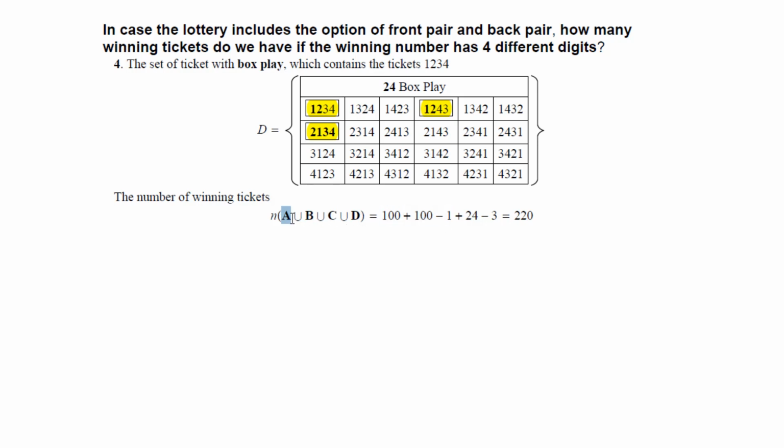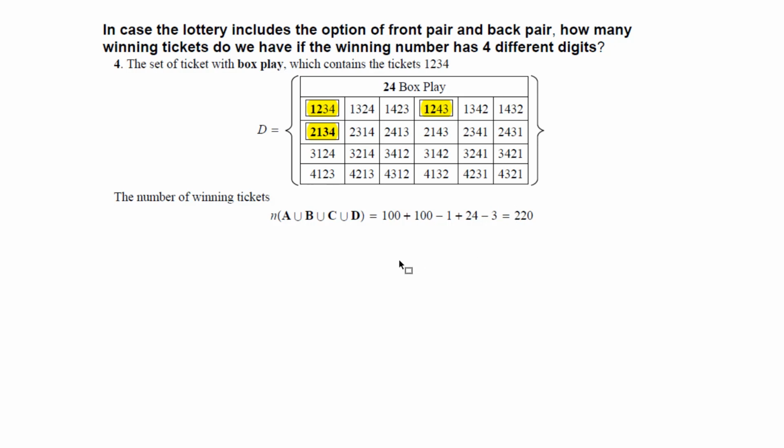Now we take all this union, we got that as one group with the union of group D. So in such case, we have 24 elements and 3 mutual elements. The 3 mutual elements we cannot count twice, so we are going to subtract them, and we are going to get 220 winning tickets.